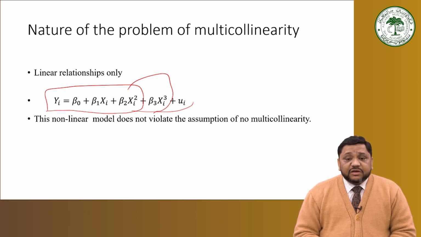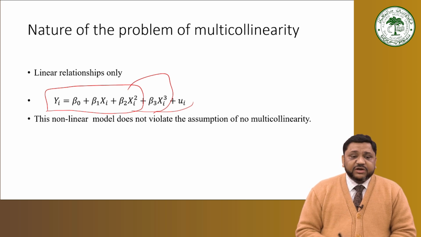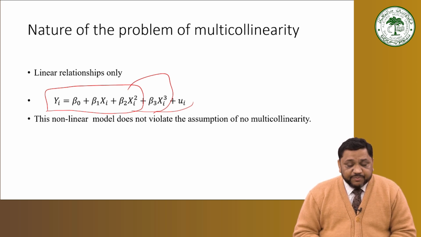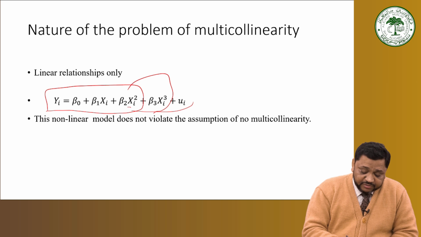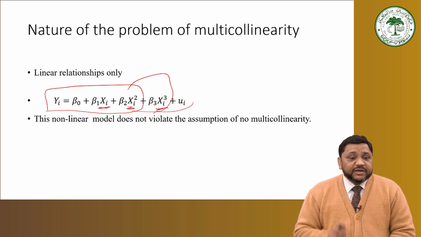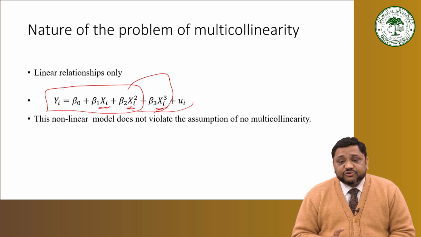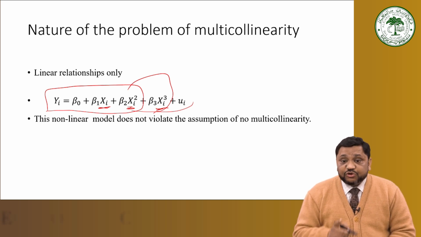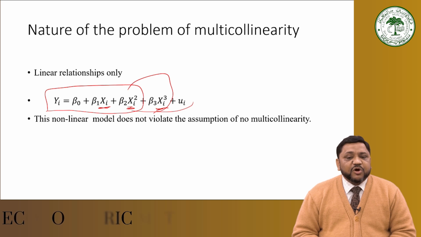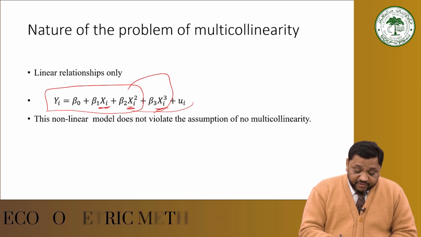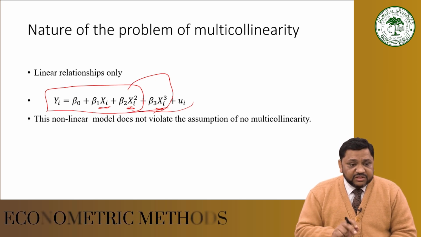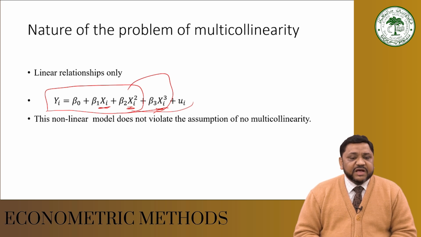Herein we are not considering the case, because this is the same variable. Here, multicollinearity refers to linear relationship among explanatory variables. It excludes nonlinear relationships among the explanatory variables like this. This nonlinear model does not violate the assumption.